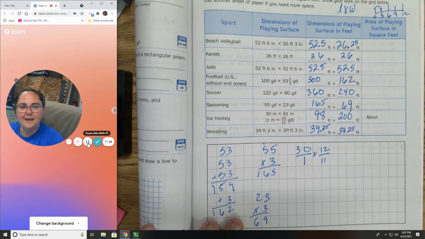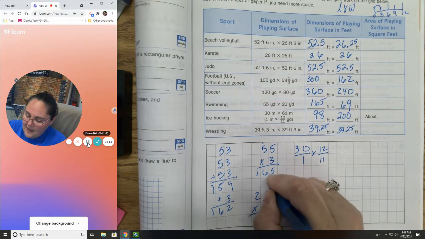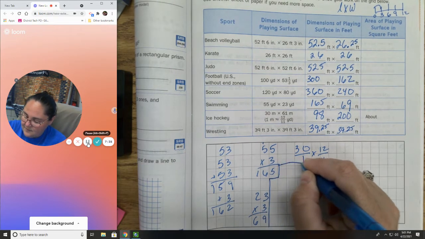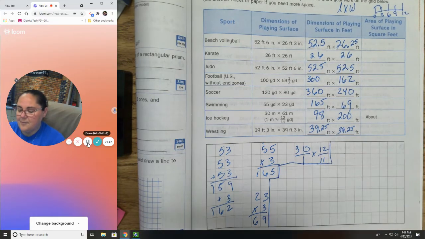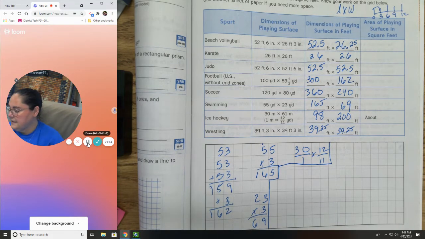Great. Now we get to do the math. So I'm going to mark off my little paper here. I'm going to do some of the problems down here, but some of them you're going to do on your own. Okay? So let's start by doing the first one together.